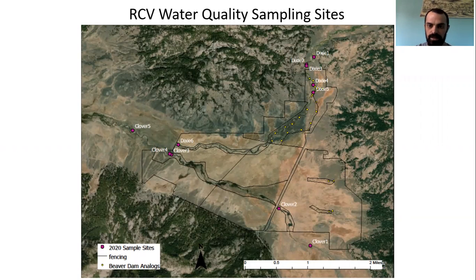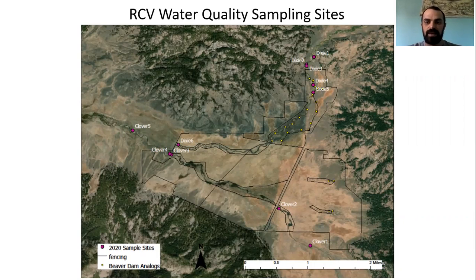And the upper reach that I'm looking at is Dixie Creek, and that uses beaver dam analogs, and those are highlighted in yellow. And those are just man-made beaver dams from willow branches, and they do a similar process where they're slowing the flow of water, except they're catching the sediment to reduce the erosion, and the dams also help to spread water across the floodplain instead of having more runoff and losing more water.